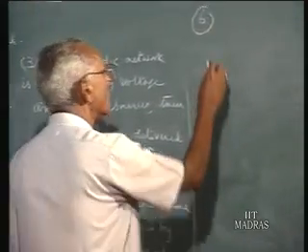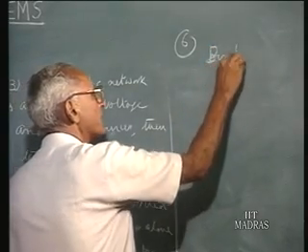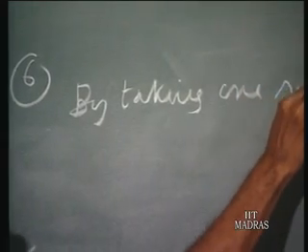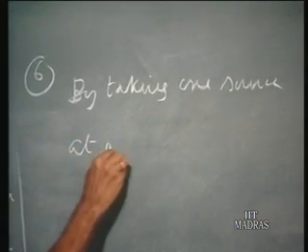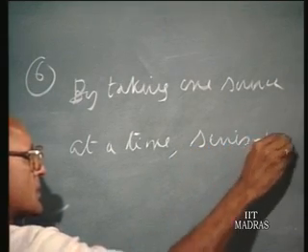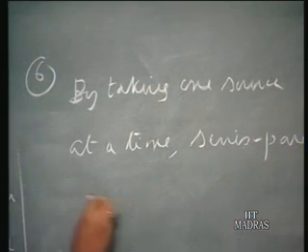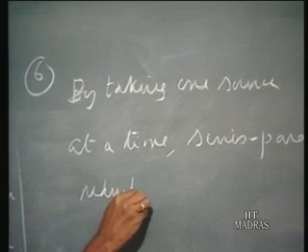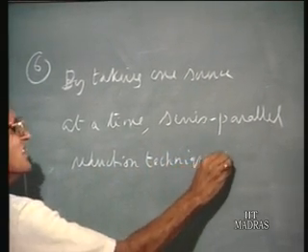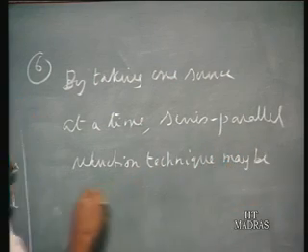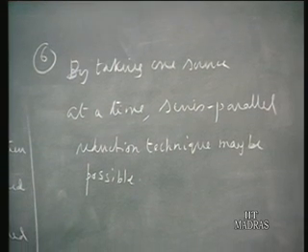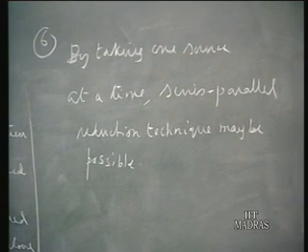So by taking one source at a time, series parallel reduction technique may be possible, which is precluded when all the sources are acting together.